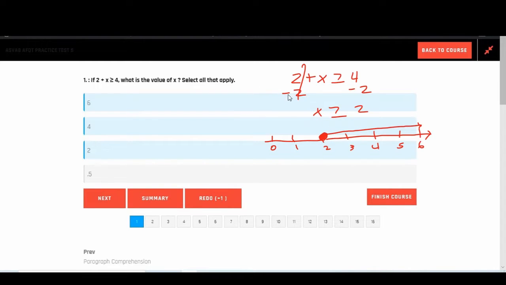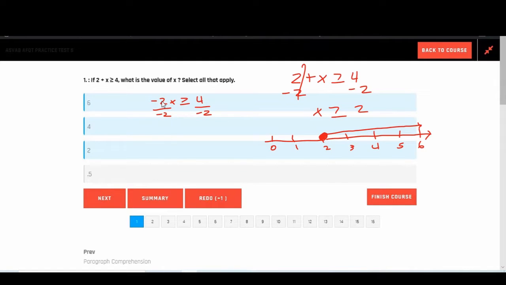If I were to do, let's say I had this problem. Let's say it was negative 2x greater than or equal to 4. Again, I would have to solve for x, so I'm going to divide both sides by negative 2.